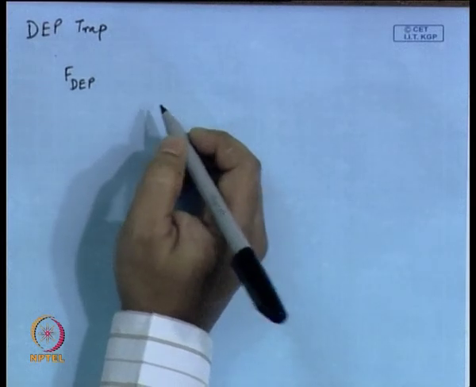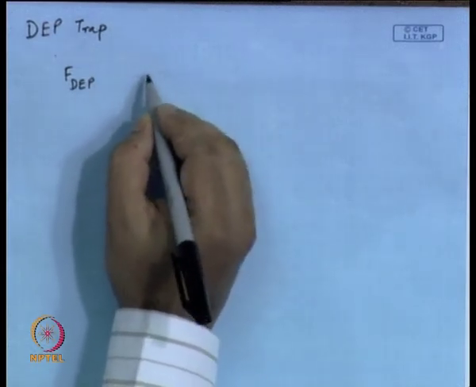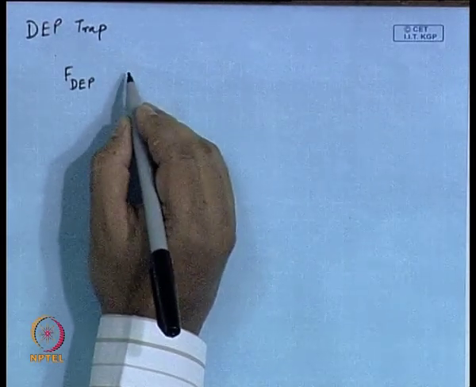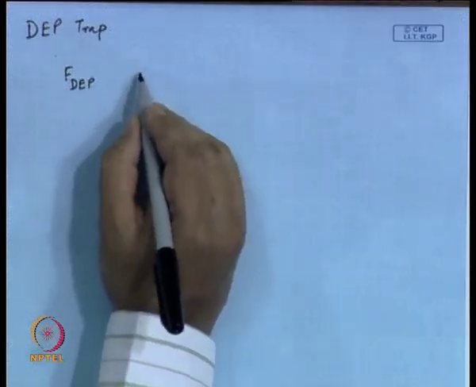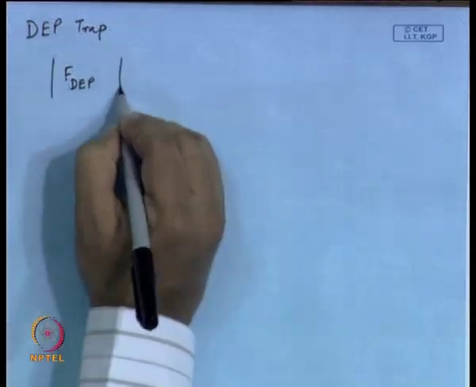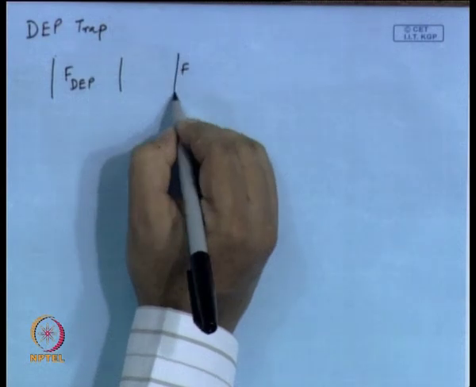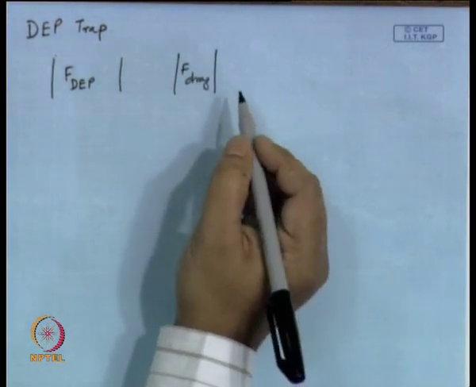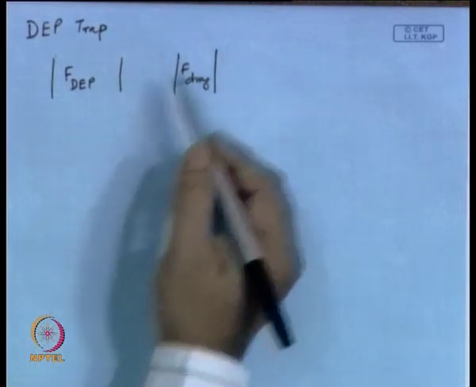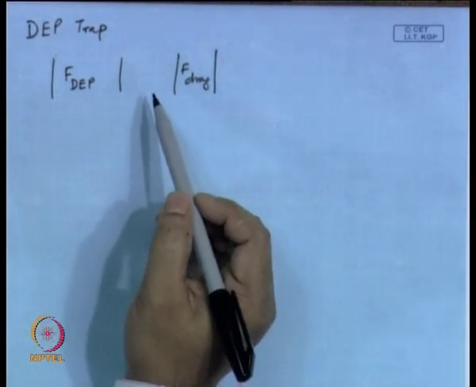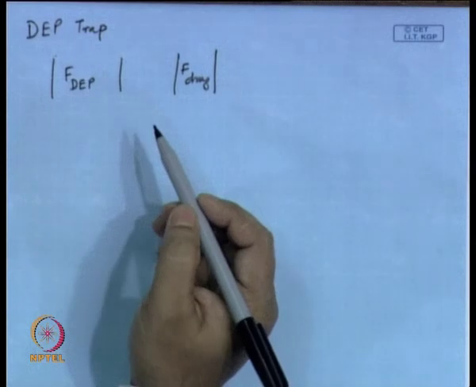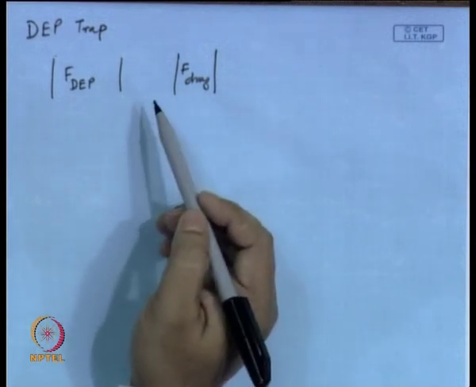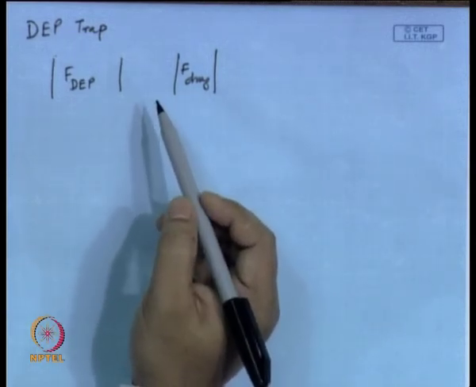We are trying to compare the magnitude of FDEP and the magnitude of F drag, and find out what should be the velocity of the fluid such that these particles can get trapped, right?